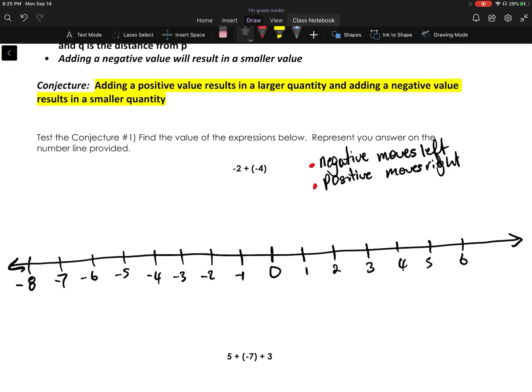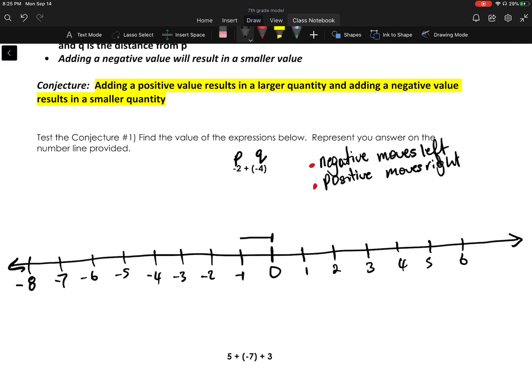Okay? So next step, we're going to identify the P. Remember, we said the P, because we have to put it as P plus Q. So P is the initial value that we have, that is -2, and Q is that distance from the initial value. So starting from 0, we said -2, negative, move left.